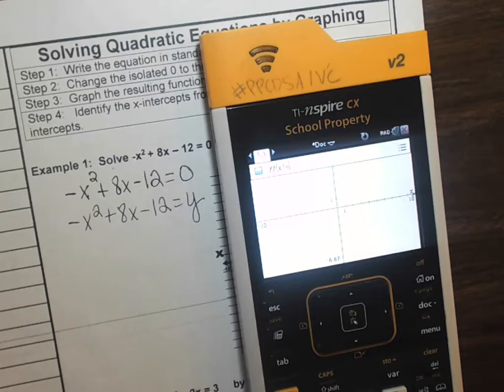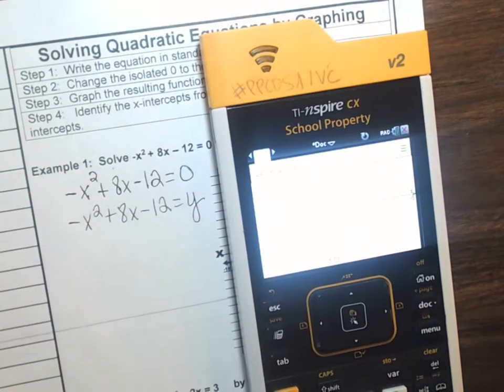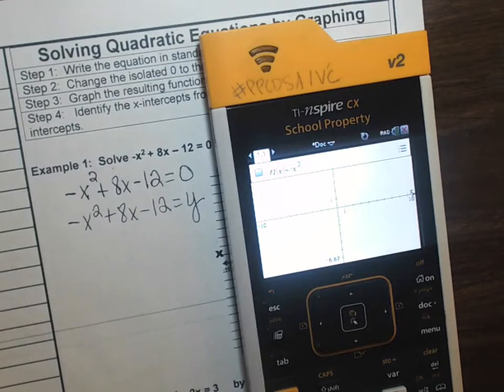So it says f of x, and we're going to type in negative x squared plus 8x minus 12, and hit enter. And you get a parabola, which is a U shape.